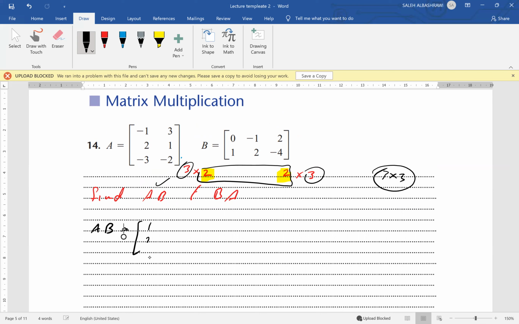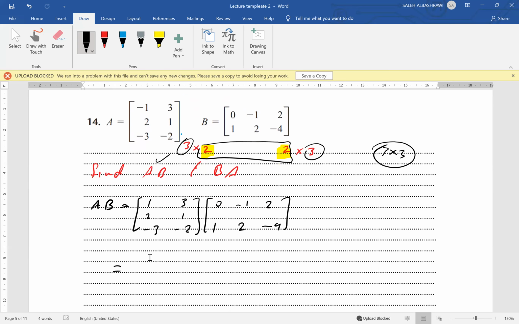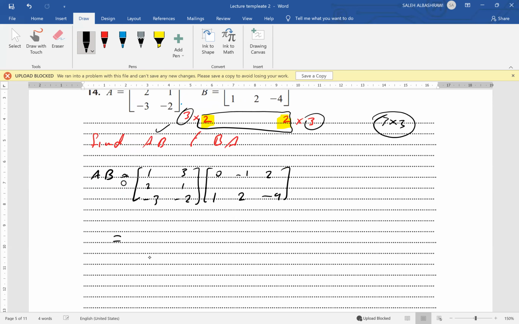I have 1, 2, minus 3, 3, 1, minus 2. This is the matrix A, multiplied by the matrix B, which is 0, 1, minus 1, 2, 2, and minus 4, is equal to... row, then column, row and column.